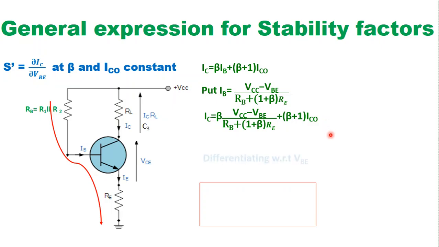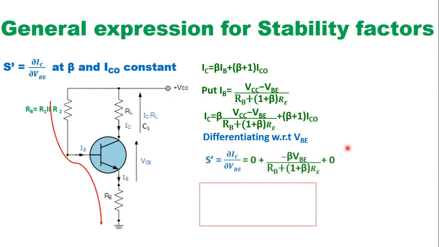Now differentiating this equation with respect to VBE, we get S dash is equal to del IC upon del VBE is equal to 0 plus minus beta upon RB plus 1 plus beta RE plus 0.